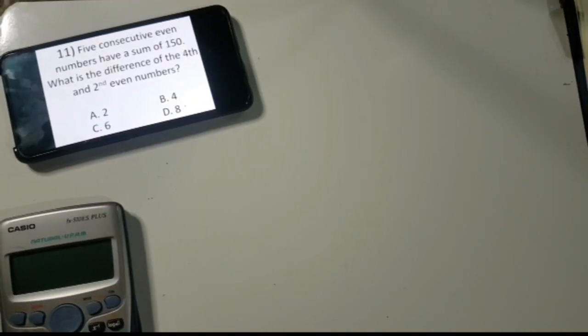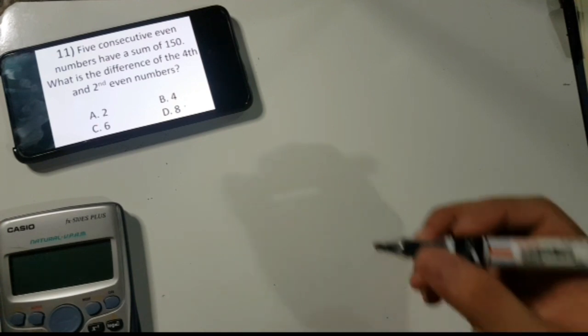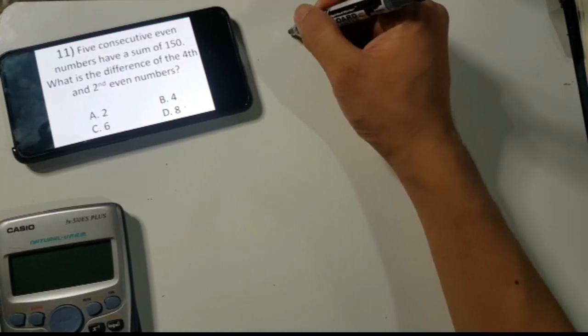Next question. 5 consecutive even numbers have a sum of 150. What is the difference of the fourth and the second even numbers? So, for this type of question, so 5 consecutive even numbers, i-let natin yung x.